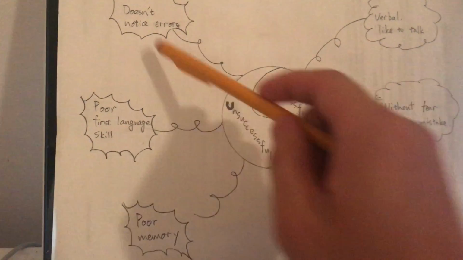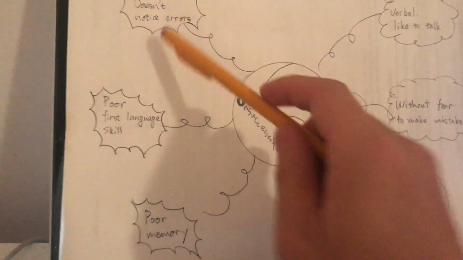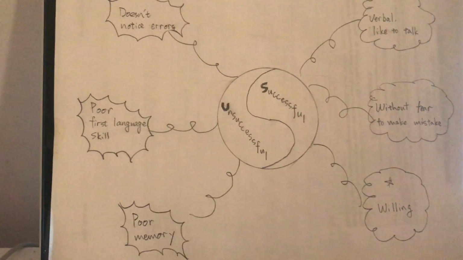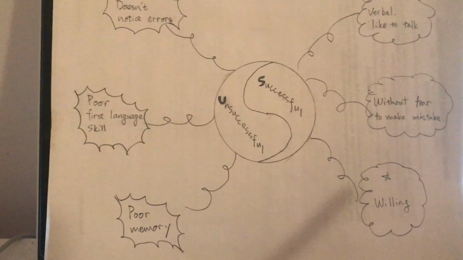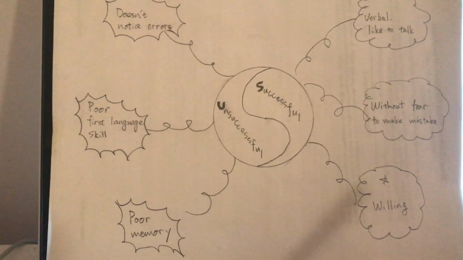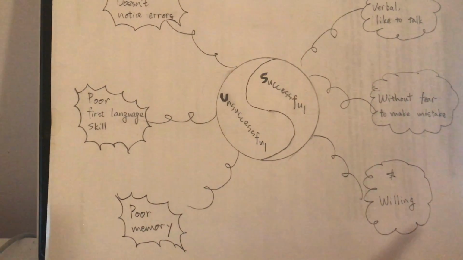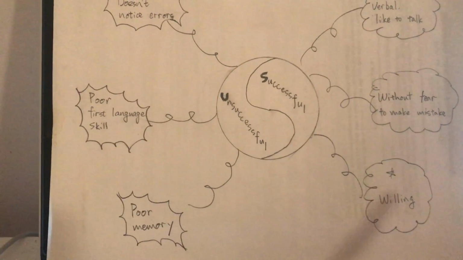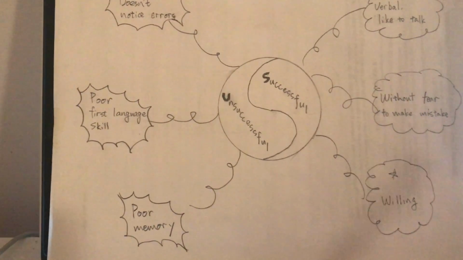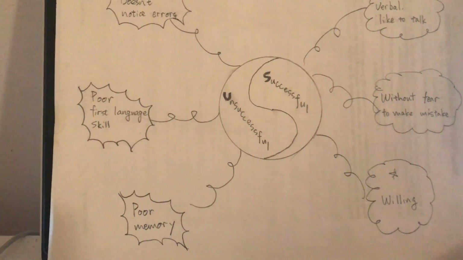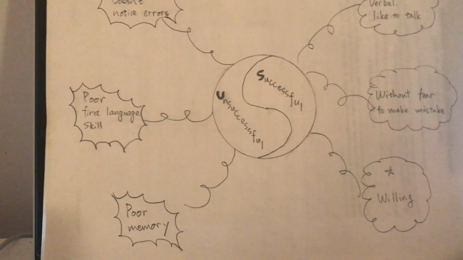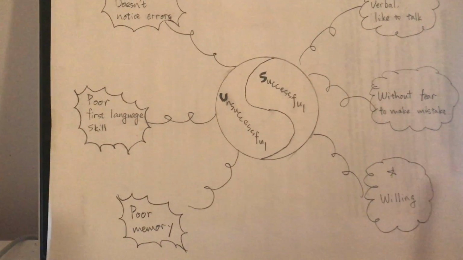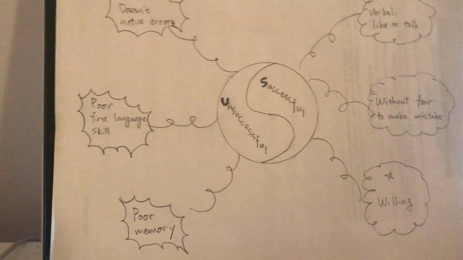The first one is doesn't notice errors. Just as what I said here, everyone will make mistakes. It's not a trouble. But the trouble is you do not get any useful experience from the error or from the mistakes, which means you take time, you take effort to make mistakes and you get nothing from them. It's a shame, it's really a shame.